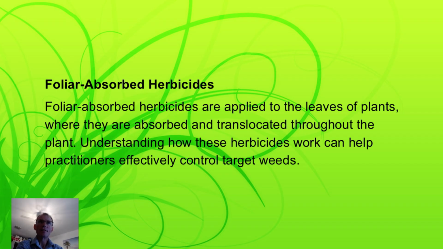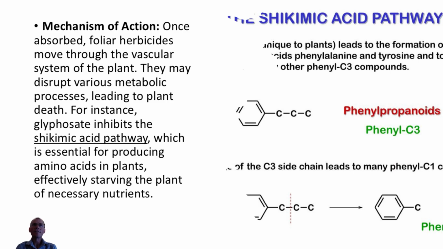Foliar-absorbed herbicides are applied to the leaves of plants where they are absorbed and translocated throughout the plant. Understanding how these herbicides work can help practitioners effectively control target weeds. Mechanism of action. Once absorbed, foliar herbicides move through the vascular system of the plant.